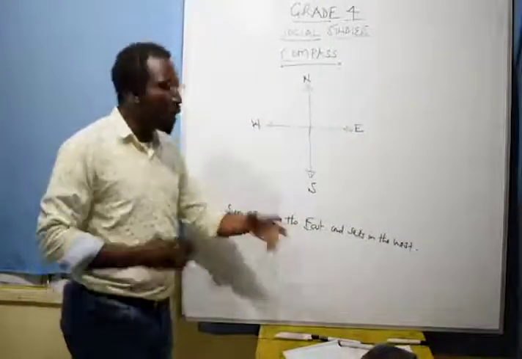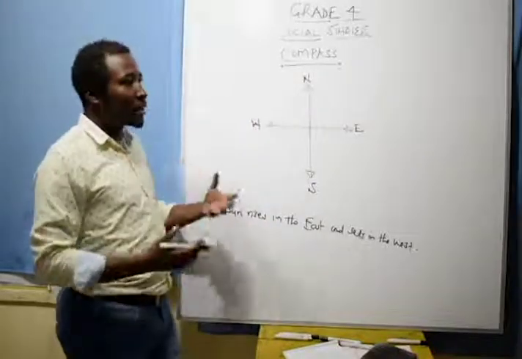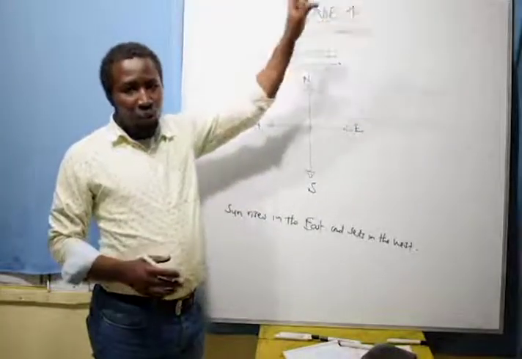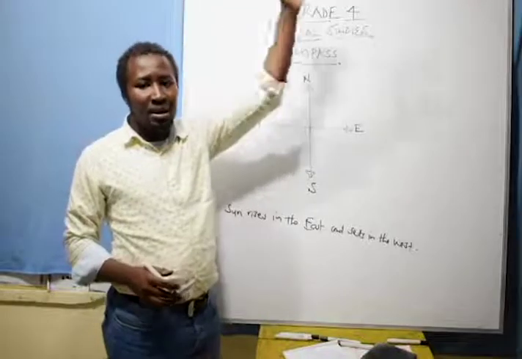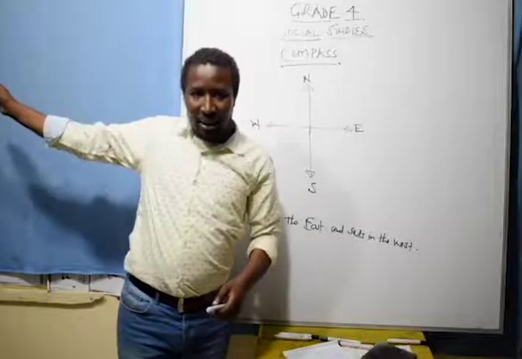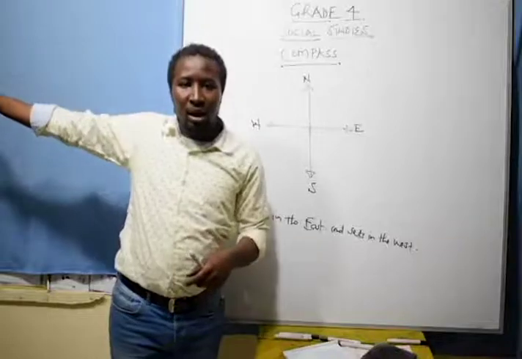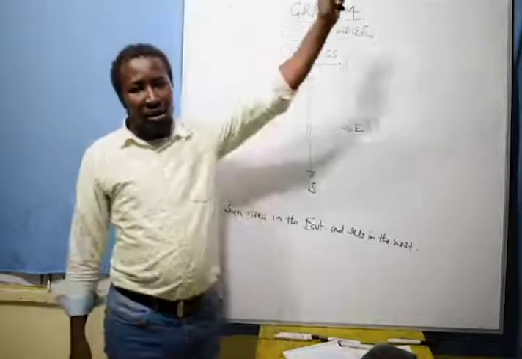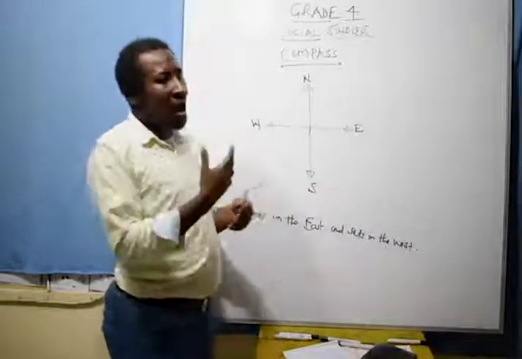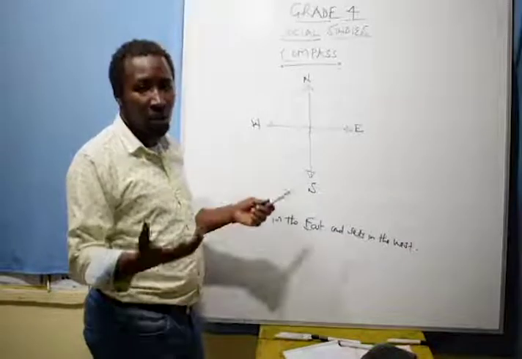So there are things that will help you know which direction we are in. For example, as I stand, the sun always rises on that side, so you automatically know that that's our east, and it sets on this other side, which is known as the west. So you can imagine this is east, this is west. So you understand how easy it is to understand the points of a compass.